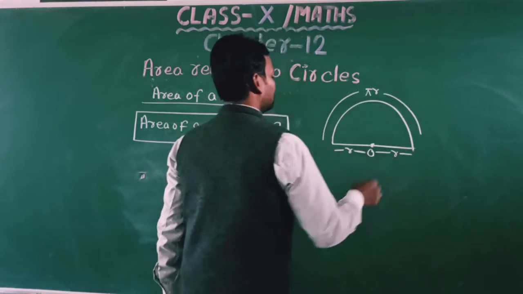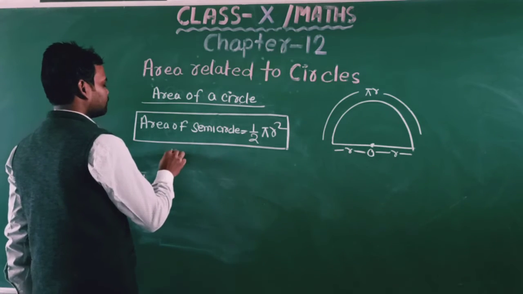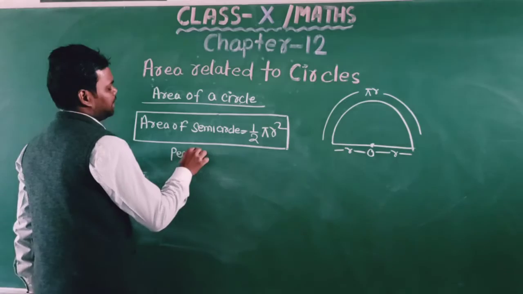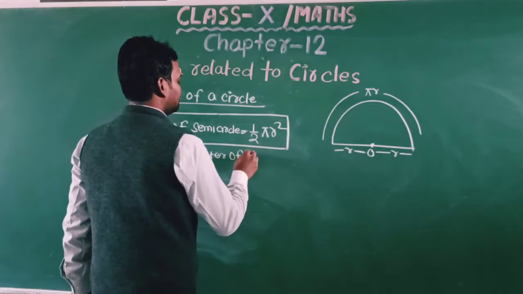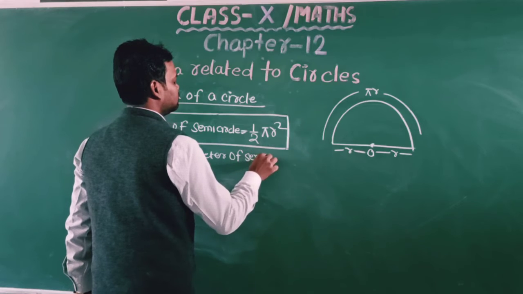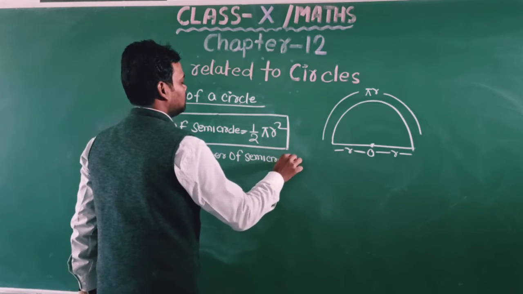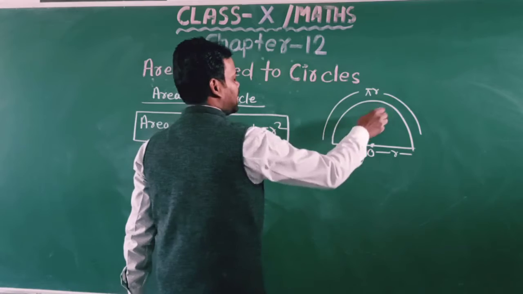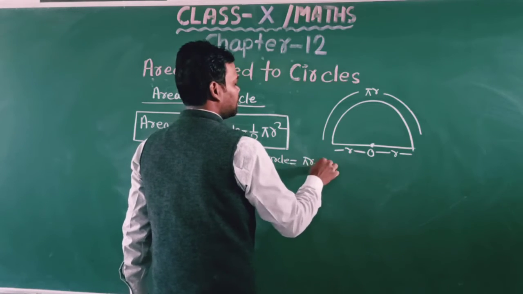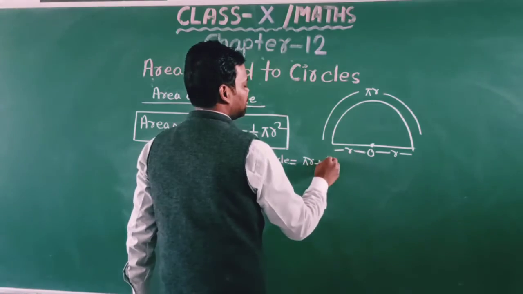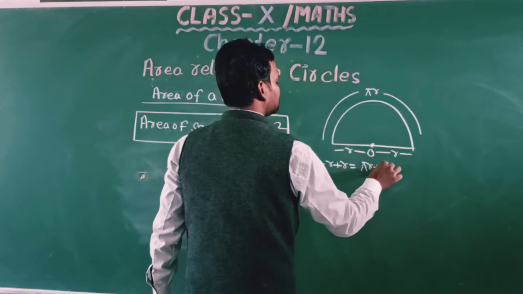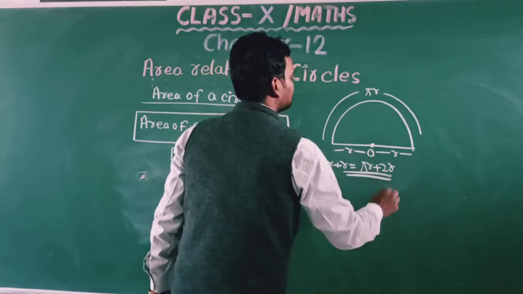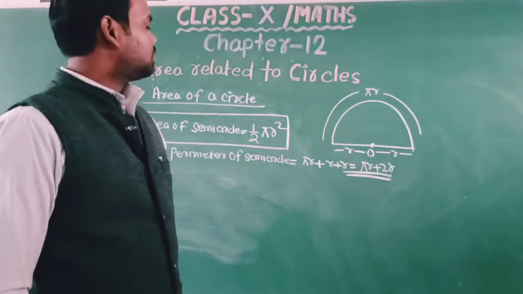So the perimeter of a semicircle equals pi r plus r plus r, that is pi r plus 2r.